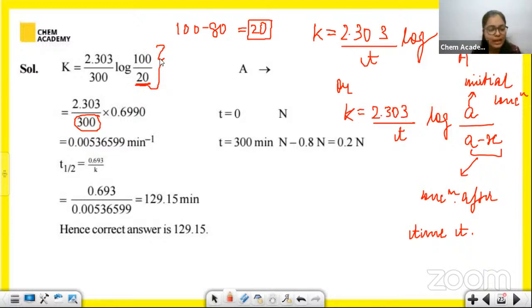So we will take 20 in the denominator. From here, we have calculated the value of K. This is the value of K. So if we have to determine the value of half-life, we know that T half for a first order reaction is T half equals 0.693 by K. So we will substitute this value of K in this equation and we will calculate the value of T half very, very easily, and this would be the final answer.